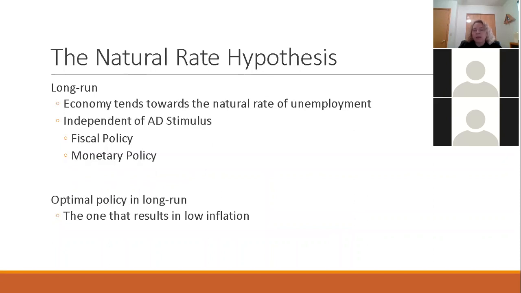There are enough mechanisms built into a mostly capitalist economy, with some automatic stabilizers in it, that we would trend back there anyway. We kind of do, but sometimes those gaps are too big to wait out the natural rate hypothesis and hope unemployment is going to get back to its natural rate. Okay.